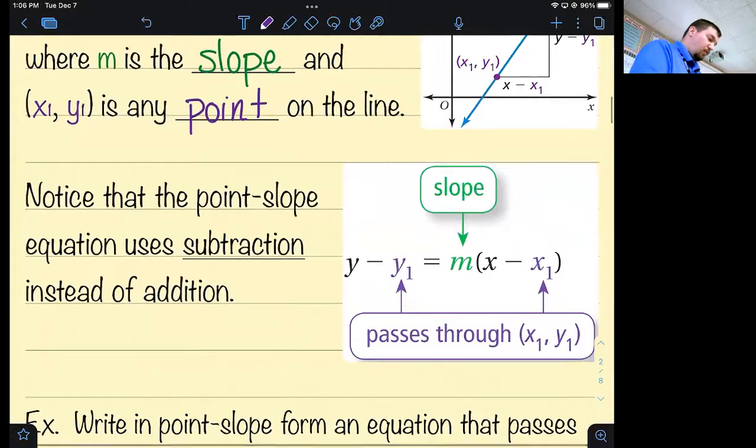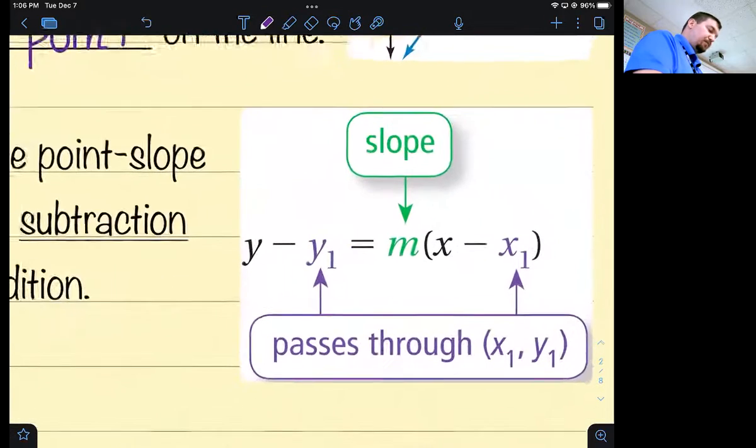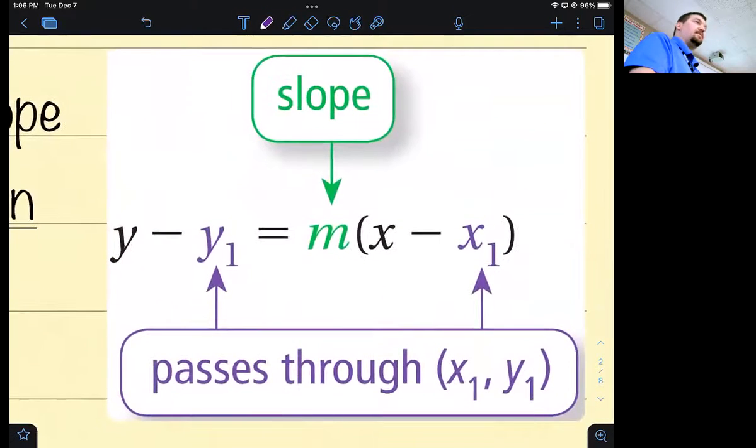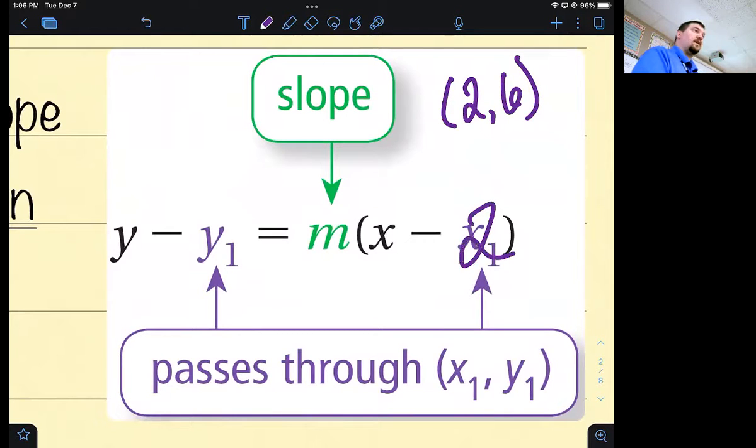Notice that the point slope equation uses subtraction instead of addition, whereas slope intercept is y equals mx plus b. Point slope is y minus y1 equals m parentheses x minus x1. So if I have a point like 2, 6, I would plug in 2 here, x minus 2, and I'd plug in 6 there, y minus 6.